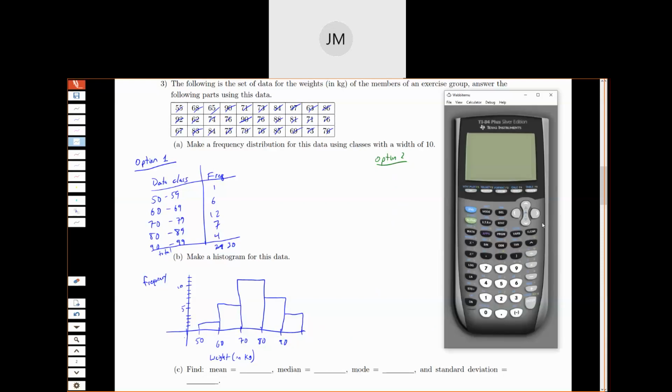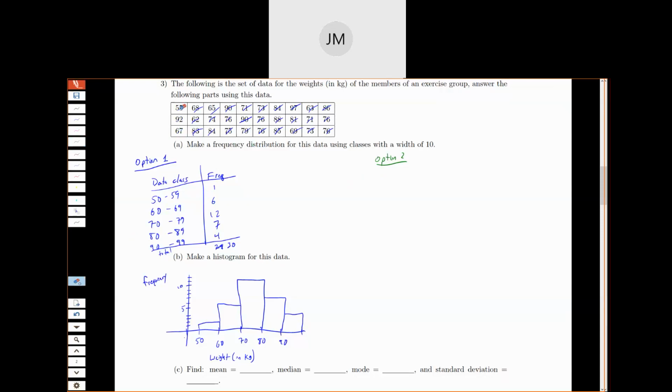So I'm going to enter the data into my calculator. Just to make this easier to read, let me erase all of this, just clear it up so I can see my data values a little better.